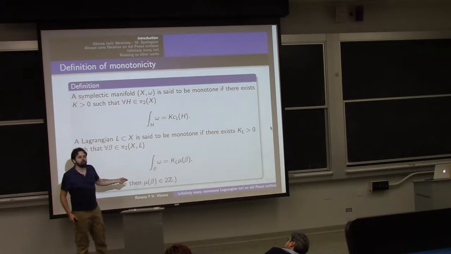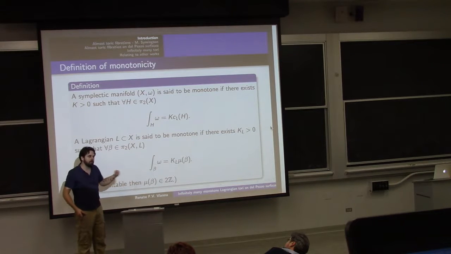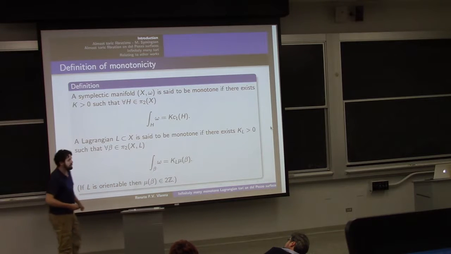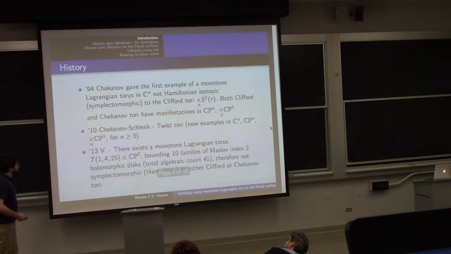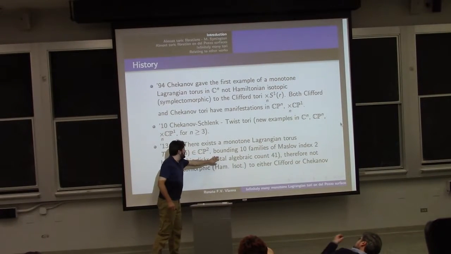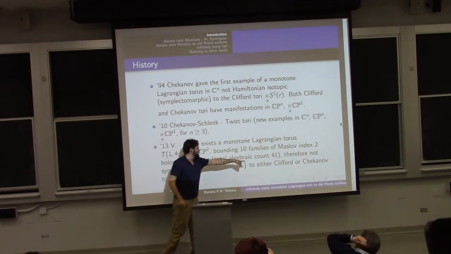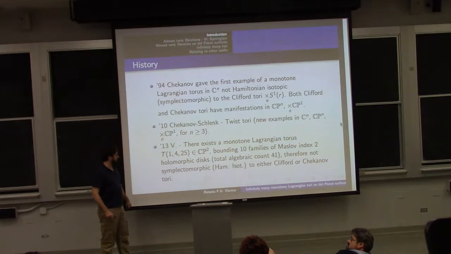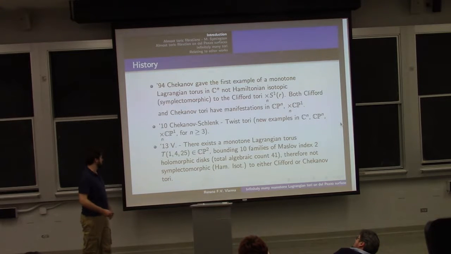So the number of Maslov index 2 disks becomes an invariant under deformations of monotone Lagrangian tori. Because they bound many more disks than the Clifford torus and the Chekanov torus, I can conclude that they are not Hamiltonian isotopic.